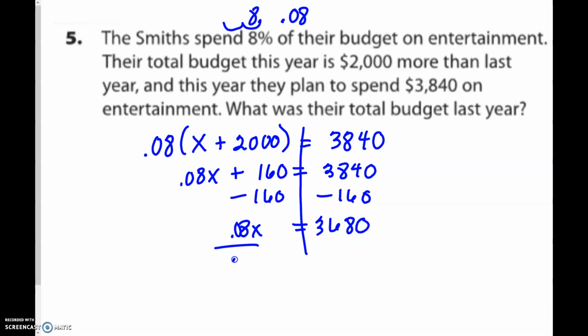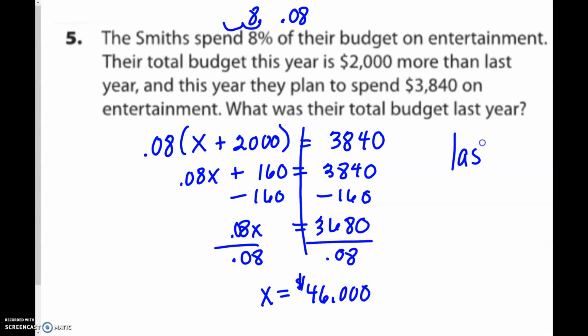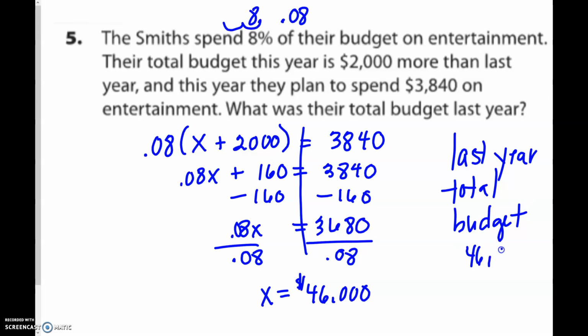Now we're going to divide by 0.08. So X is 46,000. So last year, their total budget was $46,000. Now this year they actually have a total budget of $48,000.